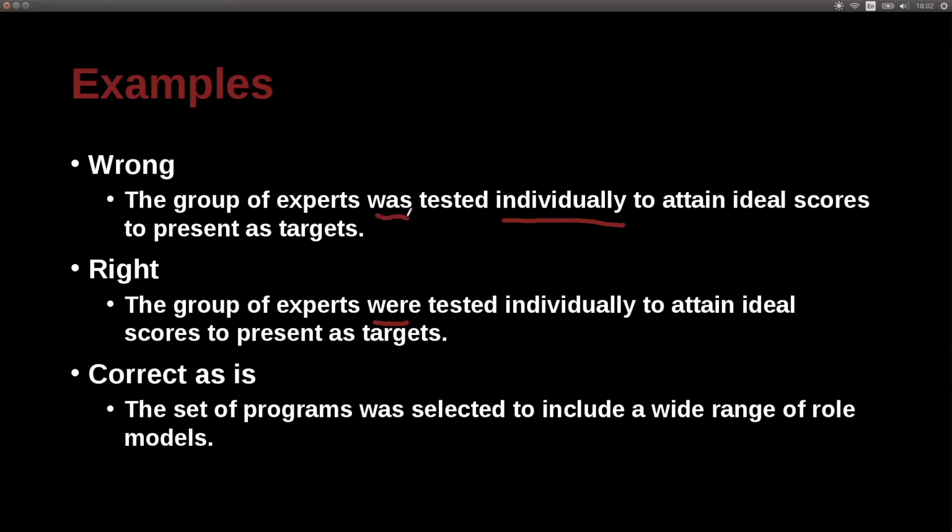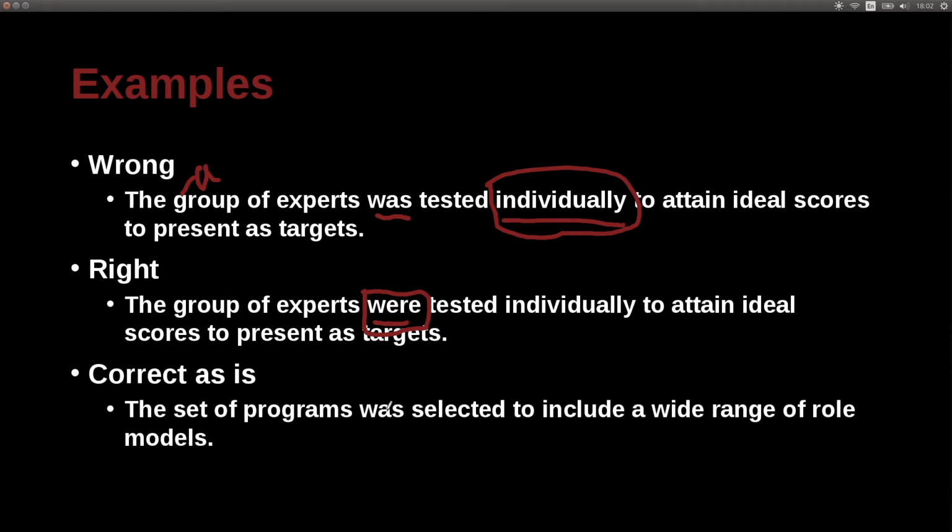So why now is was wrong? Just previously we said was is correct because a group should be a group. A group would be one. So why is this wrong? Because of the individually right here. This individually means one by one. So they are a group, but we tested them one by one. So one by one they were tested. It's not a anymore, it's a they, there.